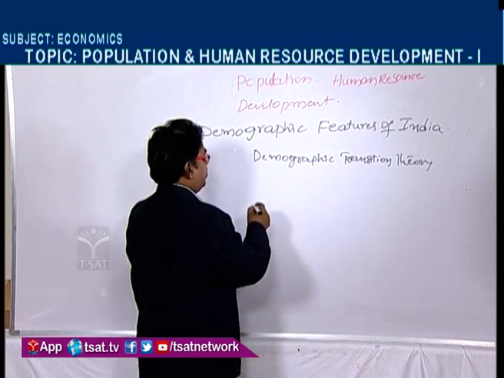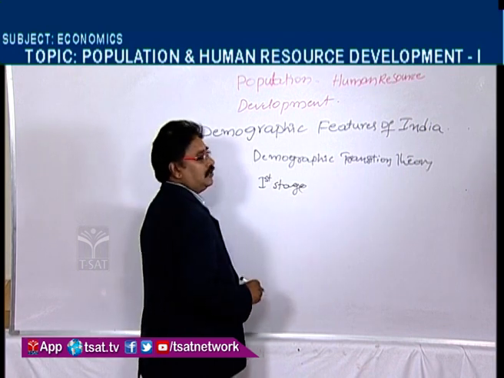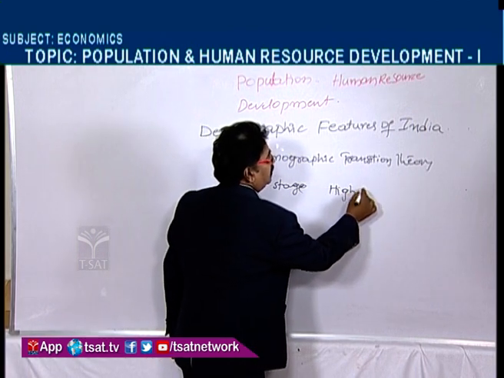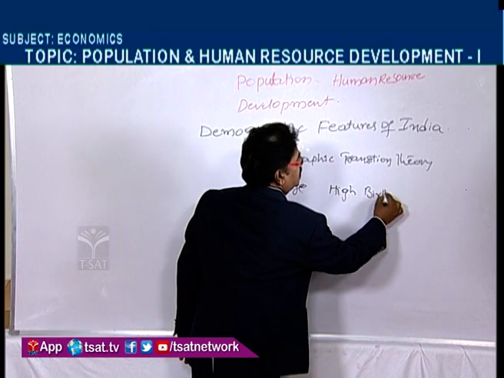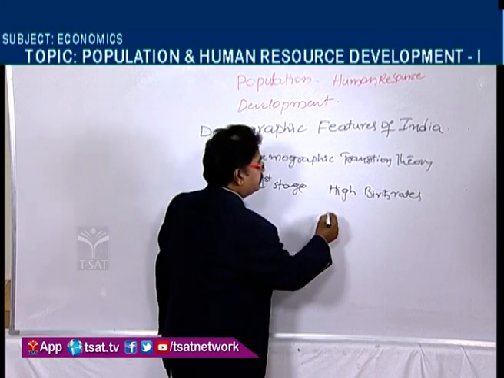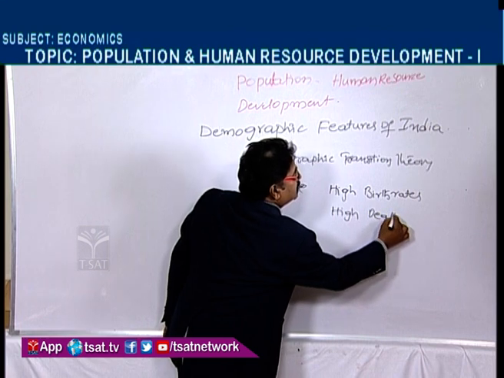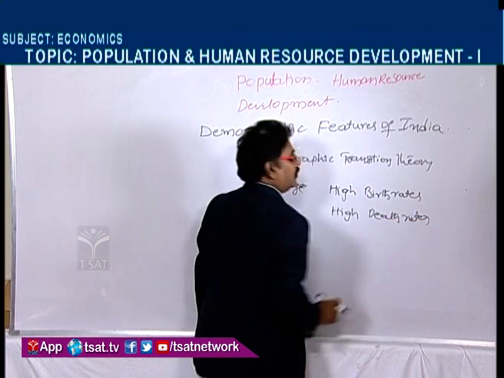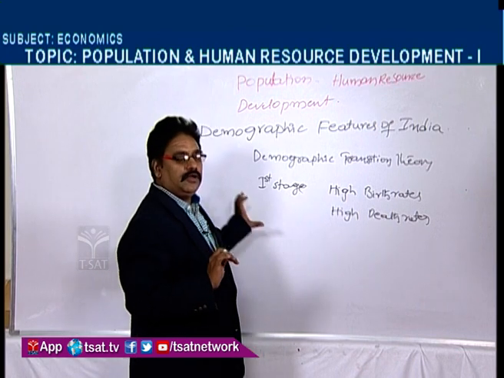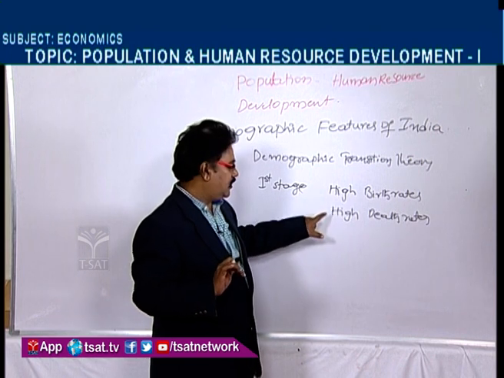In the first stage, according to the demographic transition theory, high birth rates will be there, followed by high death rates.